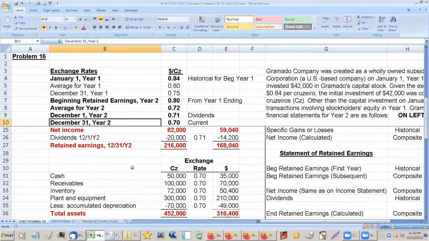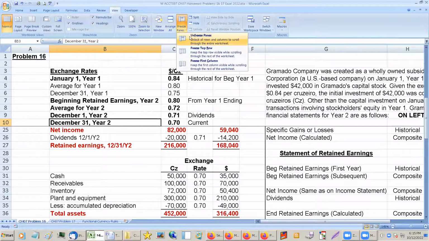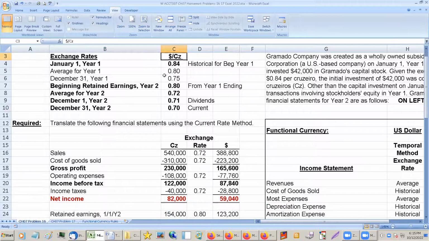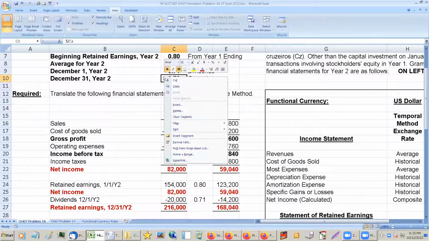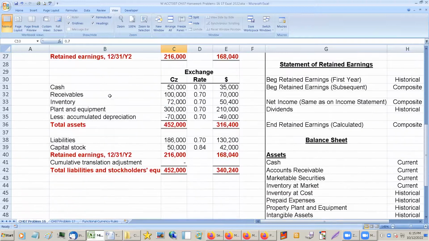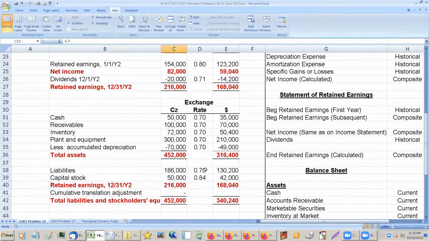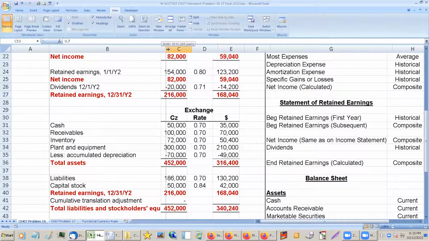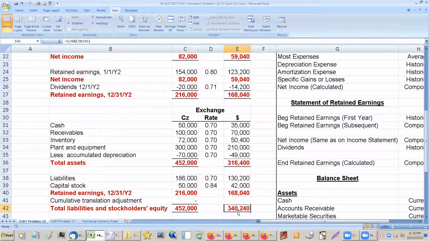Okay. I'm going to do something. Man, we don't need the rates anymore. Okay, so coming down here, this is our total assets.